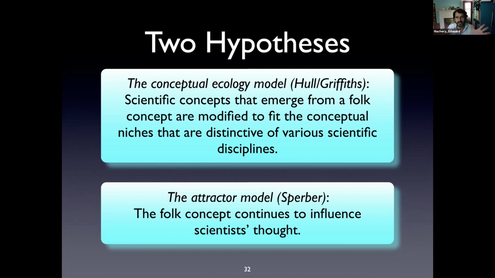And in each of these sciences it is going to fit very specific theoretical needs, very specific experimental needs. And so the hypothesis was that as the concepts get fit for the needs of specific sciences, they're going to diverge. All right? So we're going to have variation of concepts of innateness across sciences.